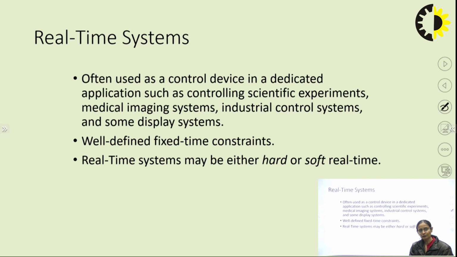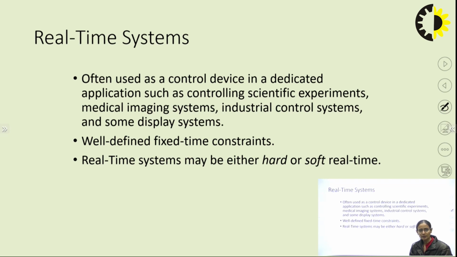Here we have a well-defined fixed time constraint. That is, the particular task should finish within that particular deadline. If the deadline is surpassed, then the system may fail. Such systems are real-time systems.